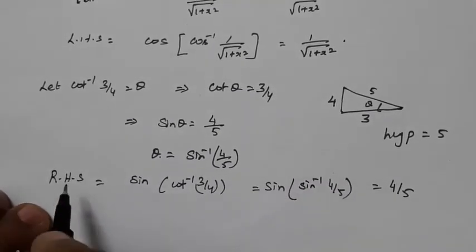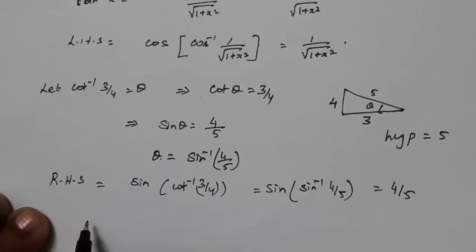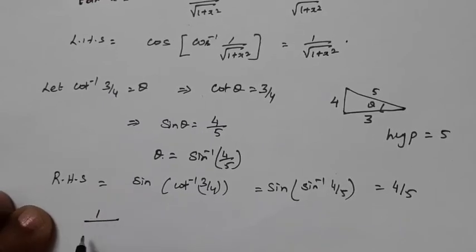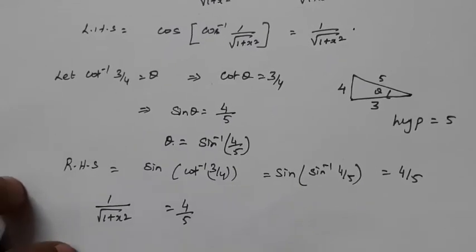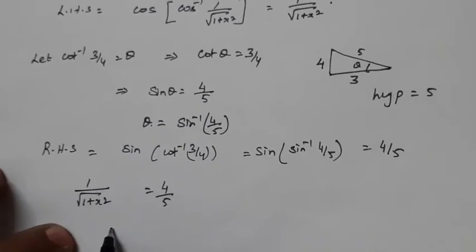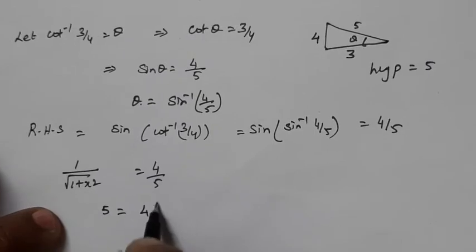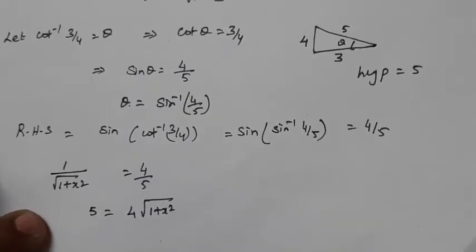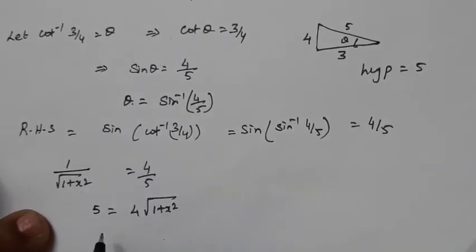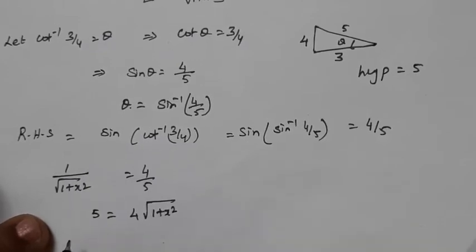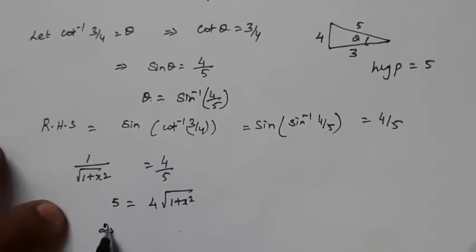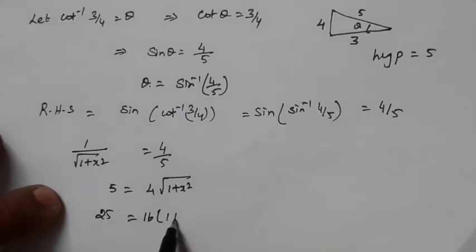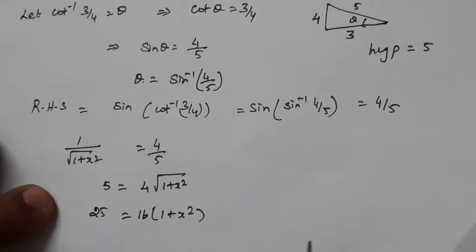And therefore as left hand side and right hand side are equal, we have 1 by root of 1 plus x squared is equal to 4 by 5, okay. Then cross multiplying we have 5 is equal to 4 into root of 1 plus x squared, right. Then squaring on both sides we have 25 is equal to 16 into 1 plus x squared.